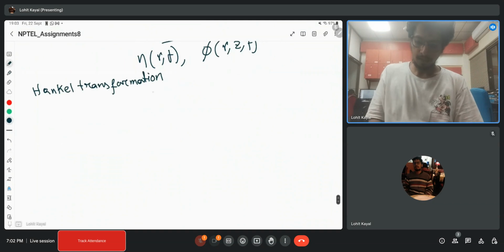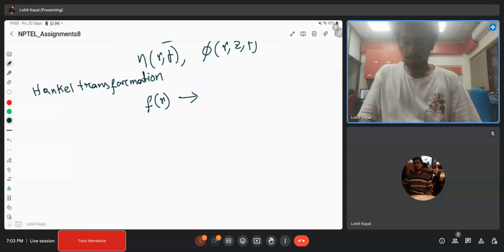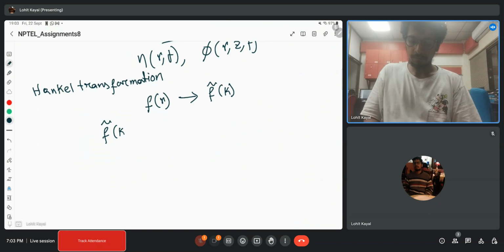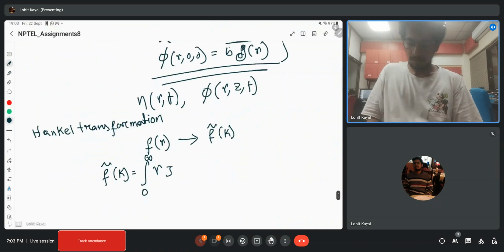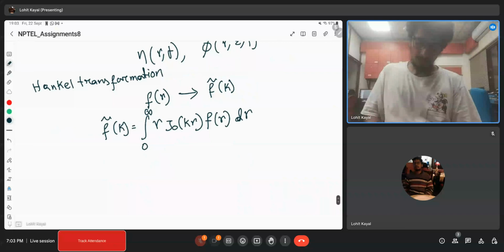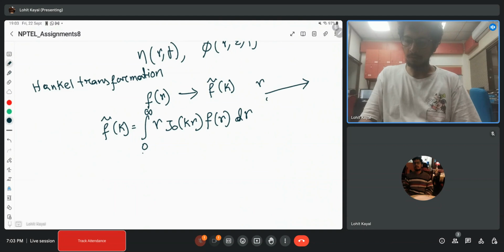If you have F of r, then its Hankel transformation is F tilde of k, and F tilde of k is defined as the integral from 0 to infinity of r J0(kr) F(r) dr. Remember that in cylindrical geometry, r only increases. r varies from 0 to some R naught.